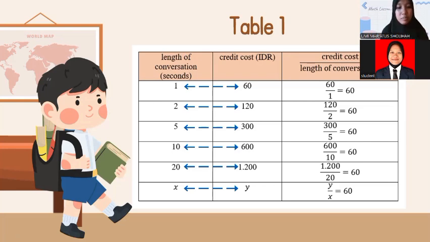This relationship between the numbers in each row, for example row 6, can be expressed with x and y, where y divided by x equals 60. Yes, all is 60.